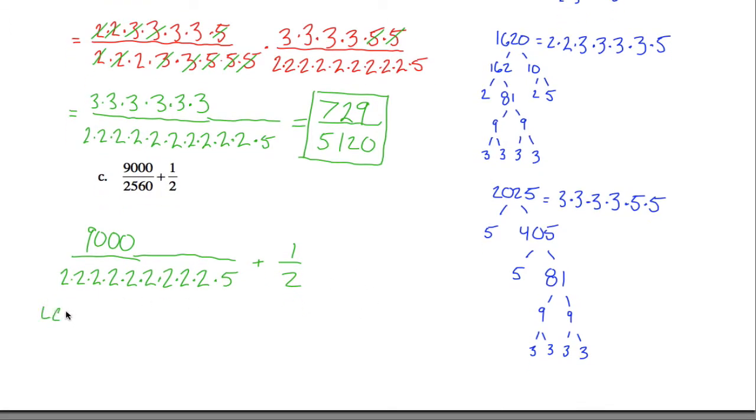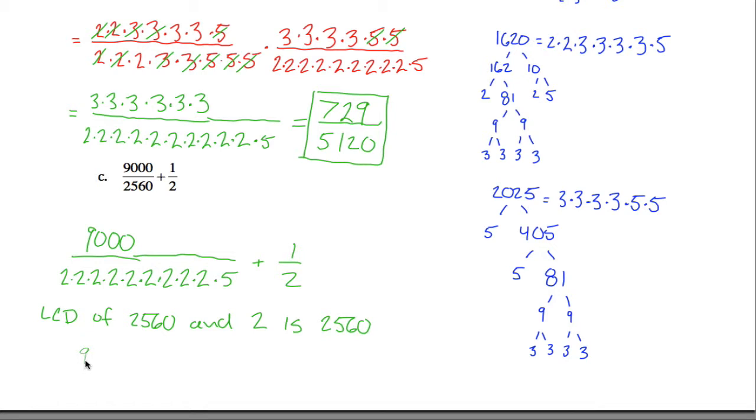The least common denominator of 2560 and 2. So you're looking for a set of numbers that contain all these numbers and this 2. Well, it's actually just this 2560, because 2560 goes into 2560 and 2 goes into 2560.